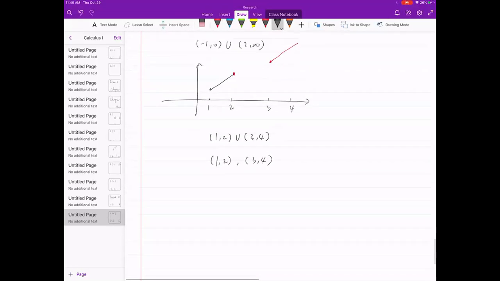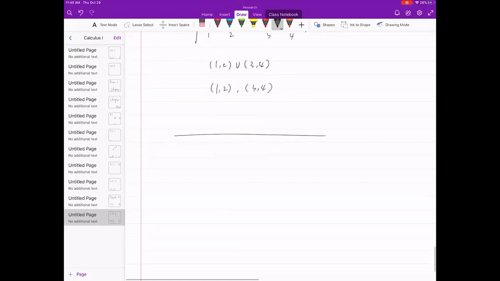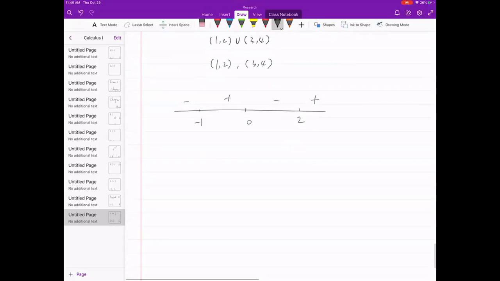All right. Back to the example. That's how we figure out if it's increasing or decreasing. Okay, why are we doing that? We were trying to do the graph. Can I do the graph based on this?